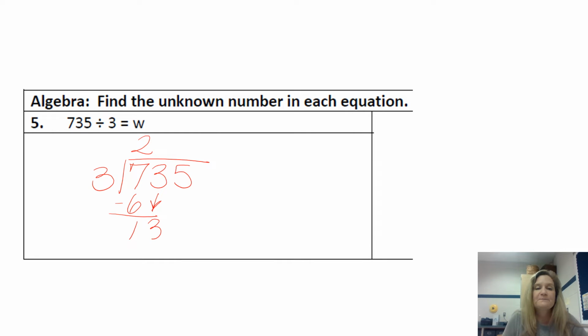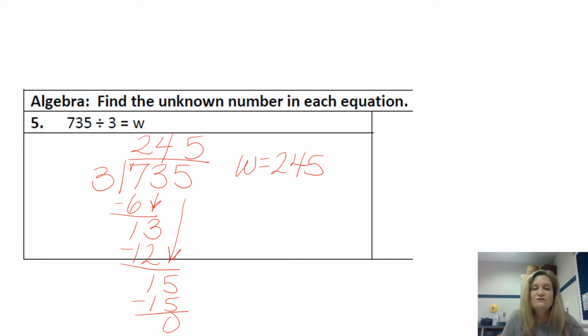Bring down the 3. 3 can divide 13 4 times, which equals 12. Subtract, you get 1. Bring down the 5. 3 can divide 15 5 times, which equals 15. Subtract, you get 0. So W equals 245. And make sure, because it's asking you what the unknown number is in each equation, you actually write W equals 245. Write what the variable equals.